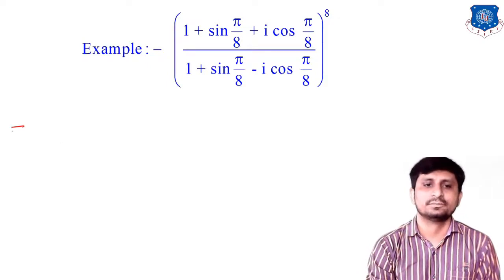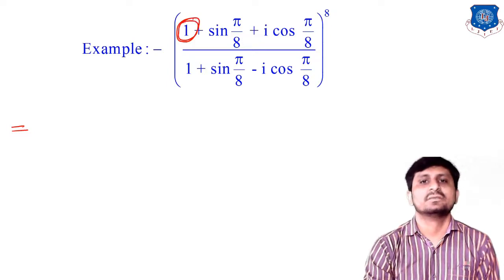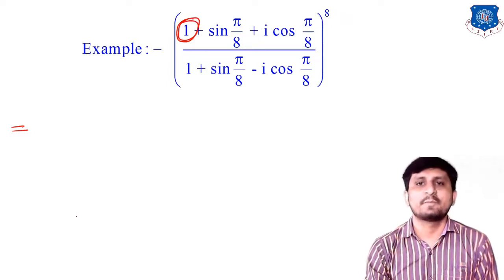So first of all, instead of this 1, can I write sin square pi by 8 plus cos square pi by 8, clearly, because we know that 1 is equal to sin square theta plus cos square theta. Instead of theta, I just take the value pi by 8.